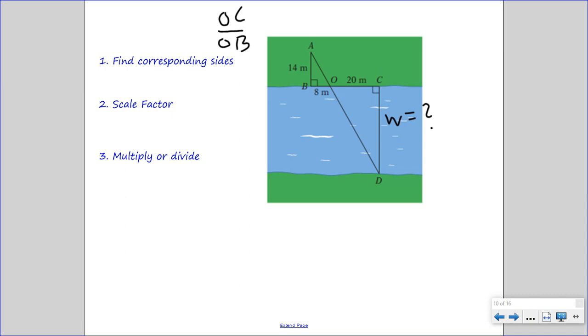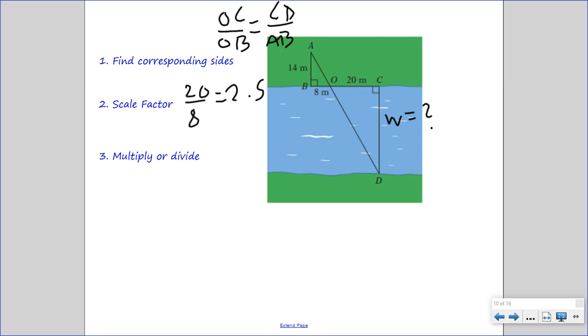And then the other part is that, actually on the big triangle, CD corresponds to AB. And that means that I can find my scale factor. If I look at the OC, which is 20, and I divide it by OB, which is 8, that is going to give me my scale factor, which is 2.5.